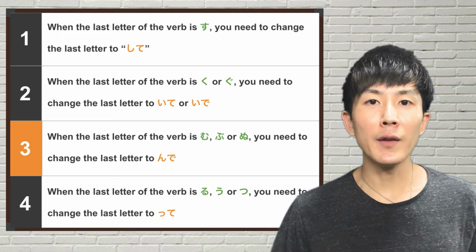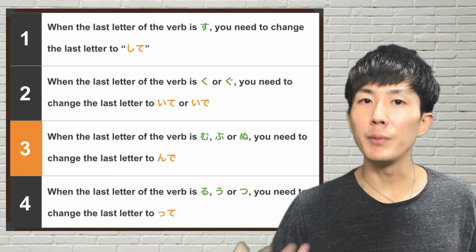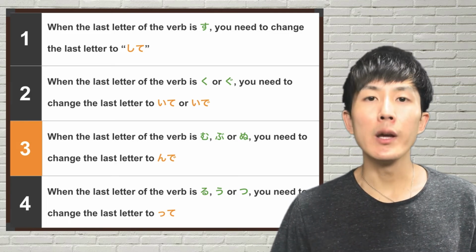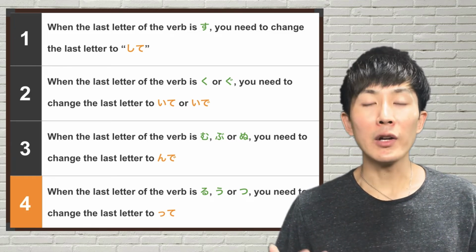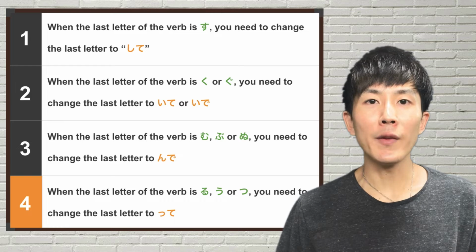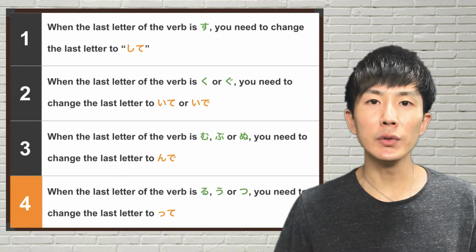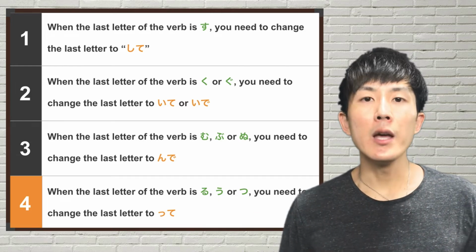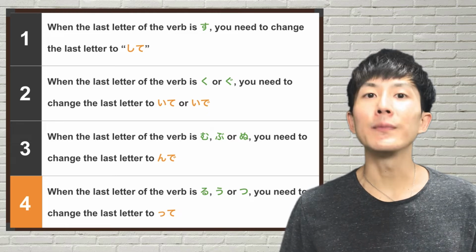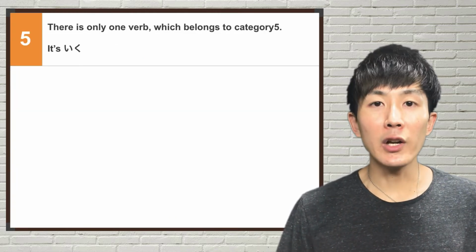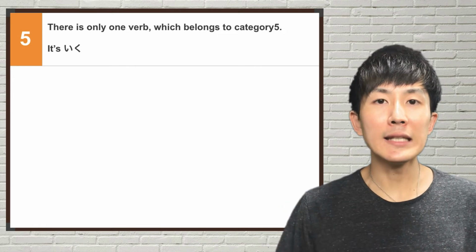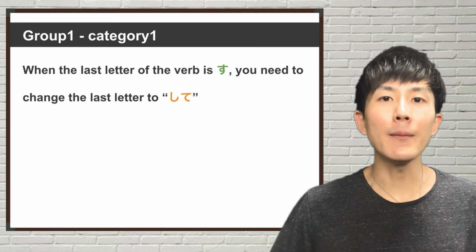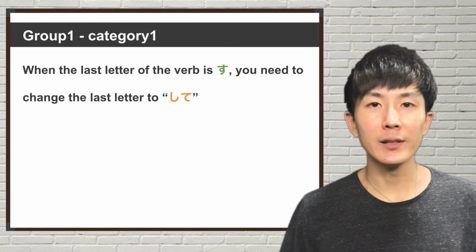When the last letter of the verb is mu, bu, or nu, you need to change the last letter to んで. Category 4. When the last letter of the verb is ru, u, or tsu, you need to change the last letter to って. Category 5. There's only one verb which belongs to category 5. It's 行く.